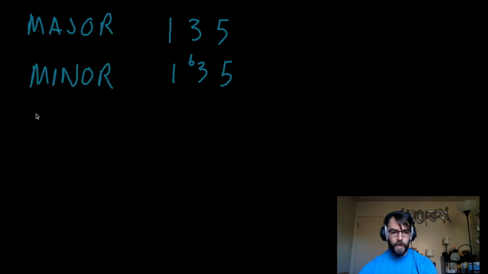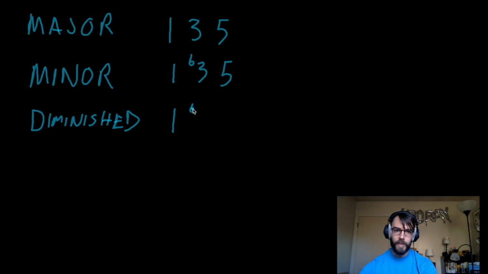Another one we have talked about is the diminished chord. It is further flatting notes of this major chord. So we have a 1, a flat 3, just like the minor, but then we also have a flat 5. So we're flatting all kinds of stuff, and that gives us a diminished chord.